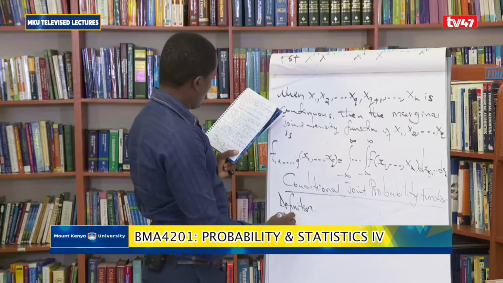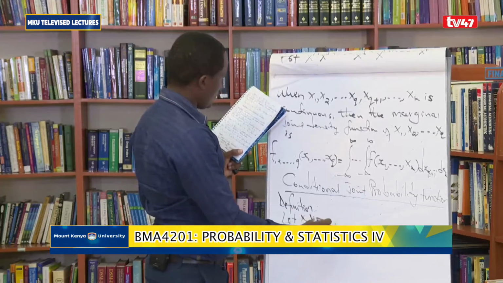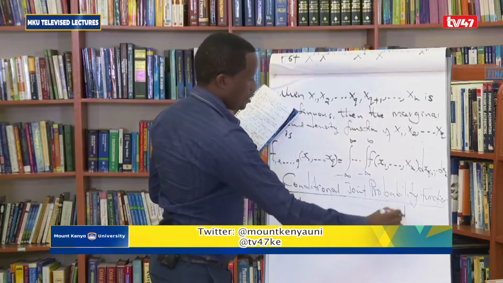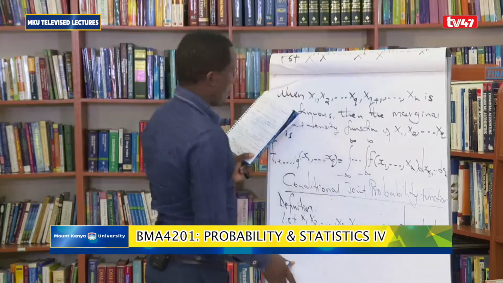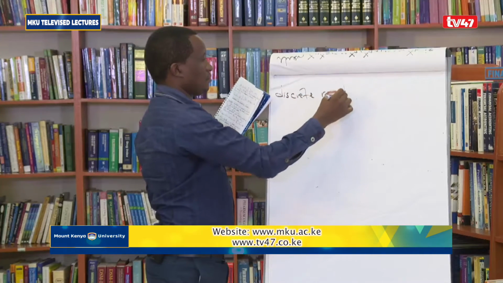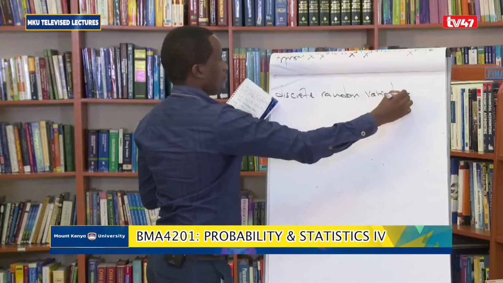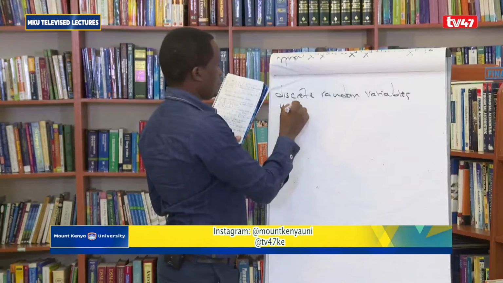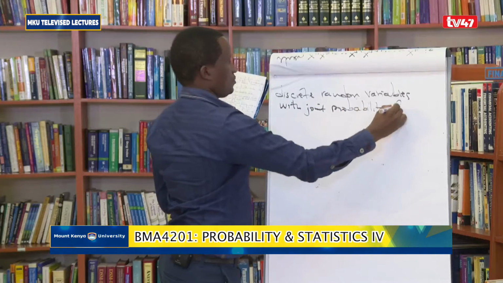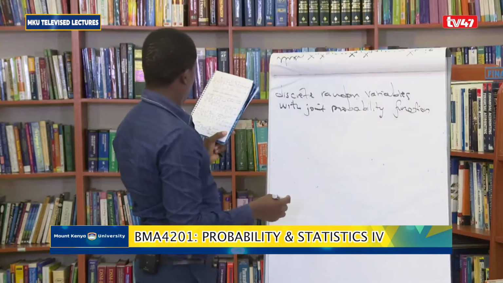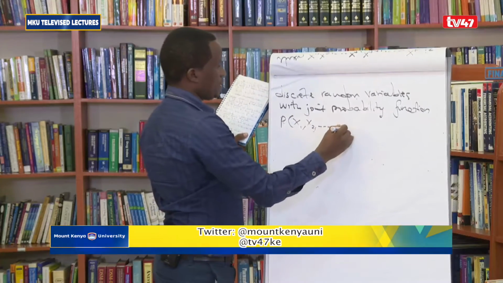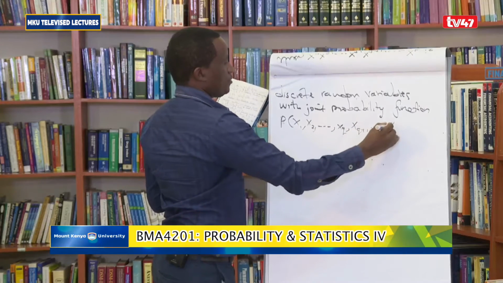Let x1, x2, all the way to xq, xq plus 1, all the way to xk denote k discrete random variables with joint probability function p of x1, x2, all the way to xq, xq plus 1, all the way to xk.